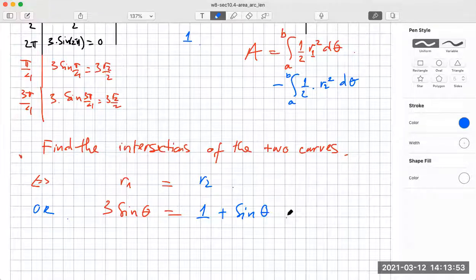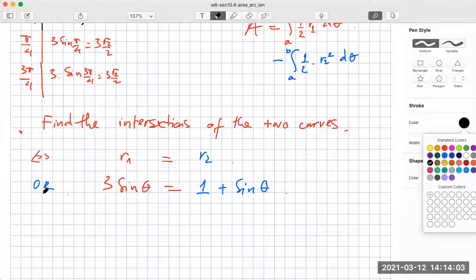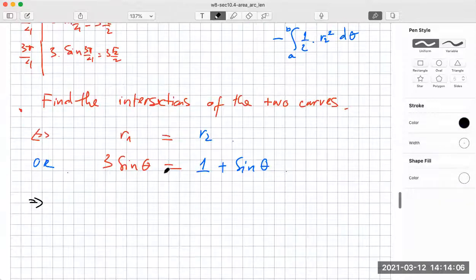That is the reason why we need to find it. So from this equation, can we find the angle theta and solve this? And how can we solve it? We subtract both sides with sine theta, because on the left and the right they have sine theta here.